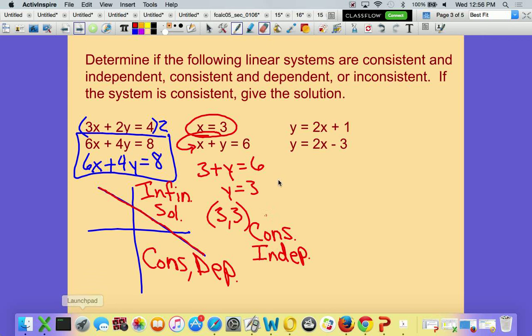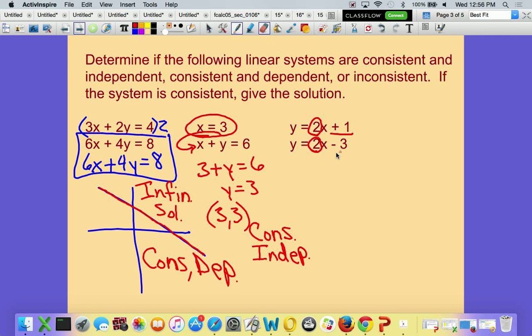First thing I see is they are set up in slope-intercept form. So what we can do, if you wanted to, is plug this one right into our second one for y, or you could look and say our slopes are the same. So that means these lines are either on top of each other or parallel.